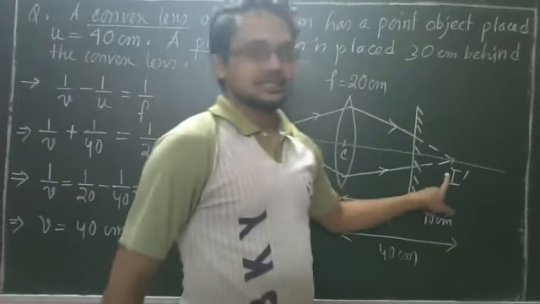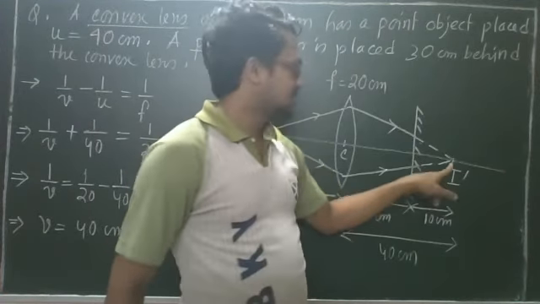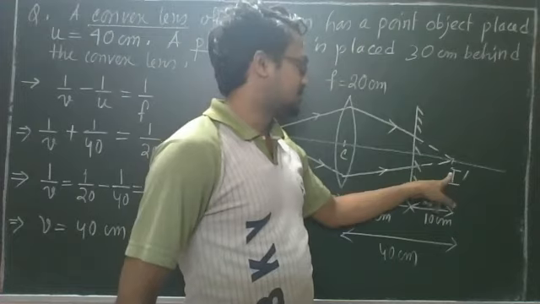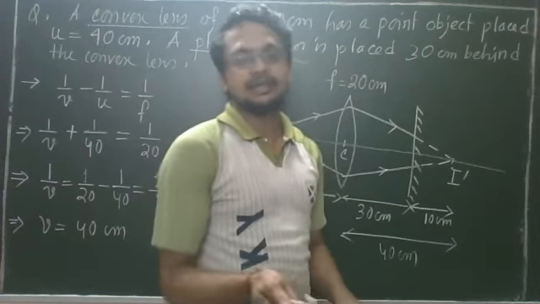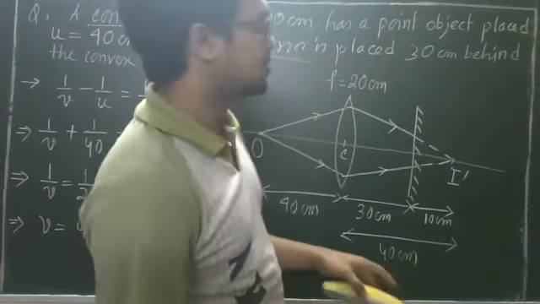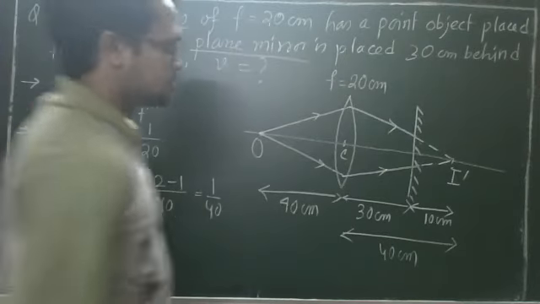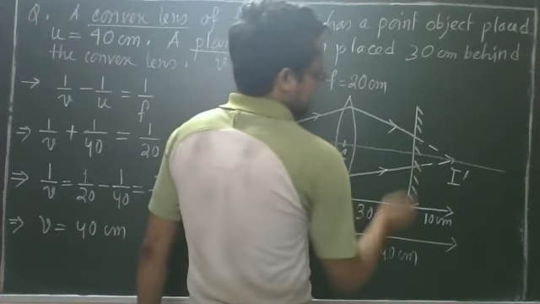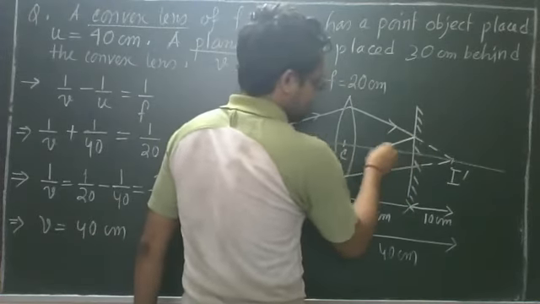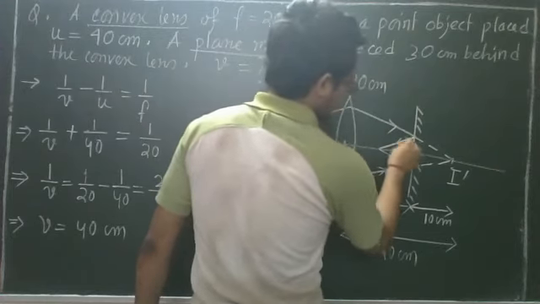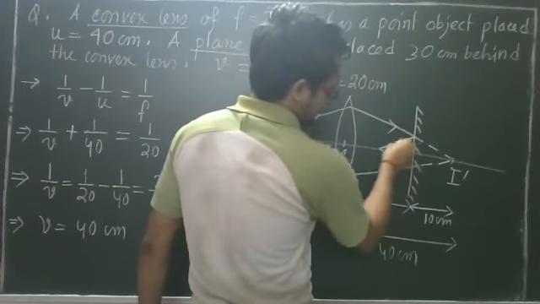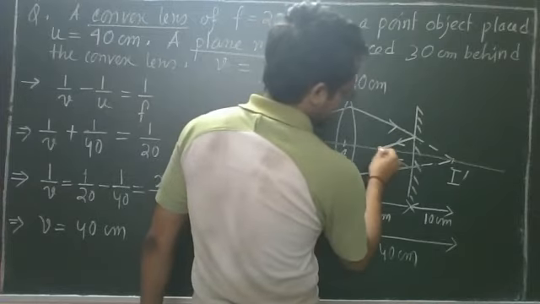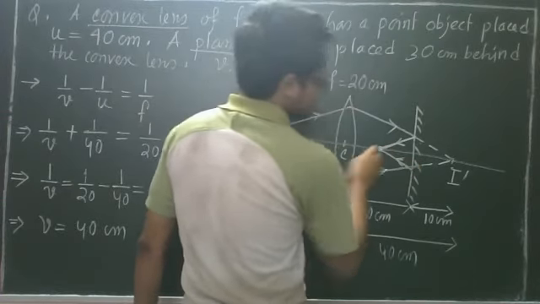Now this is the virtual object, and the object distance from the plane mirror is 10. And do we know that the object distance and image distance become equal for a plane mirror? So if this is the object, then the image will be formed on this side. The ray will be incident at the plane mirror, reflect and meet at this point.